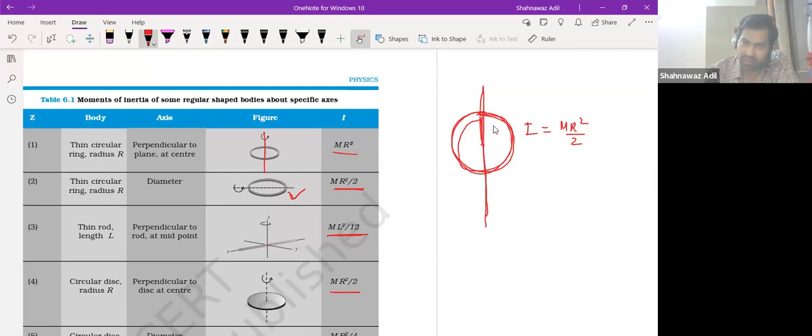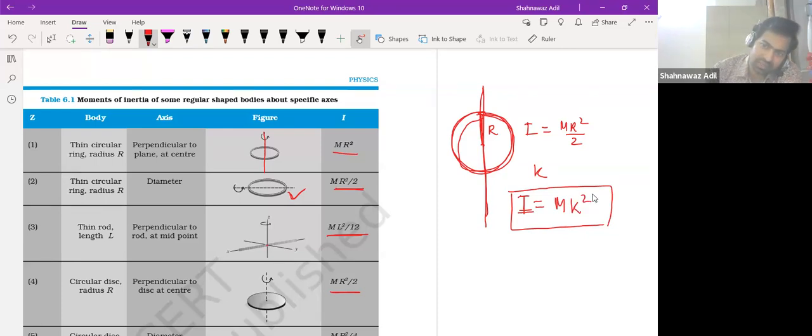But I choose a distance, let's say k, at which the inertia becomes the total mass times the square of that distance.